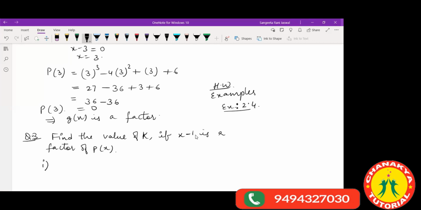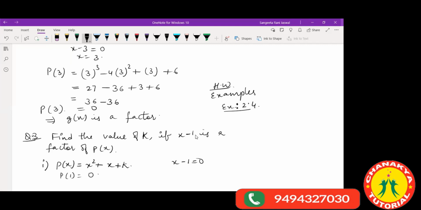Now see, the polynomial given to us is px equals x square plus x plus k. In this, we have to find the value of k. And we are already given that x minus 1 is a factor of this polynomial. That means if I put p of 1, I get my answer as 0.